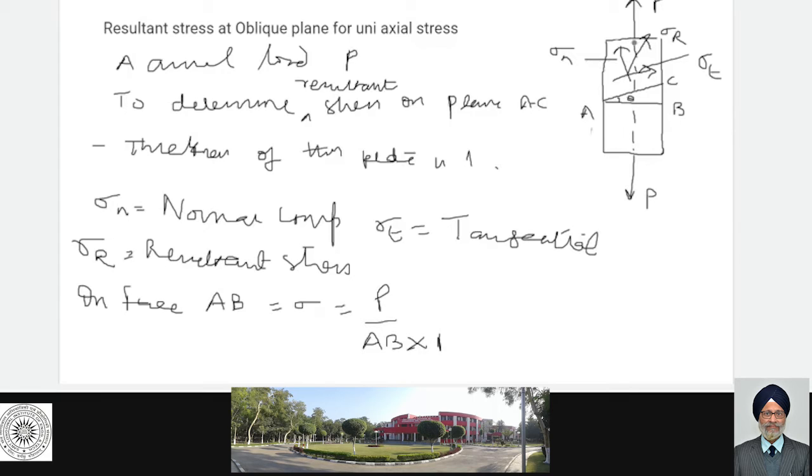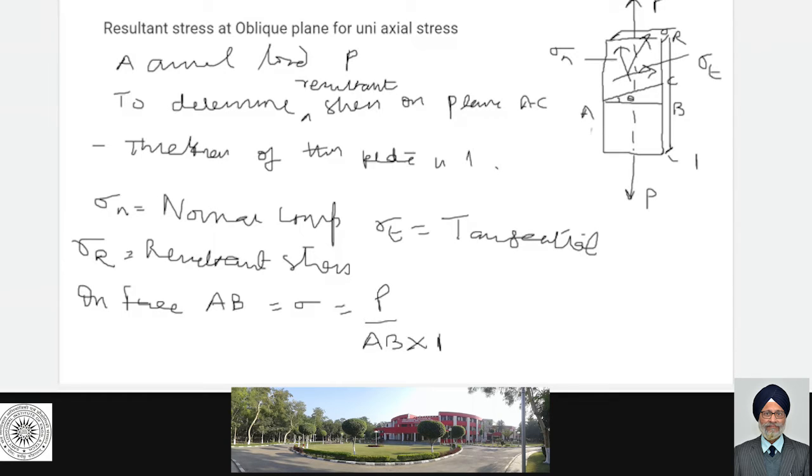So this will be in this direction. समझ में आया नहीं आया ये? So this is T, this is 1, right? So it is in this direction.